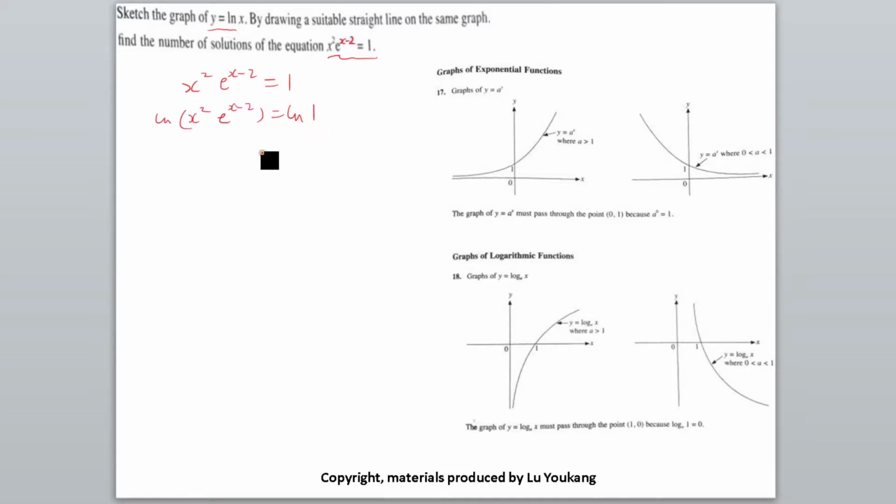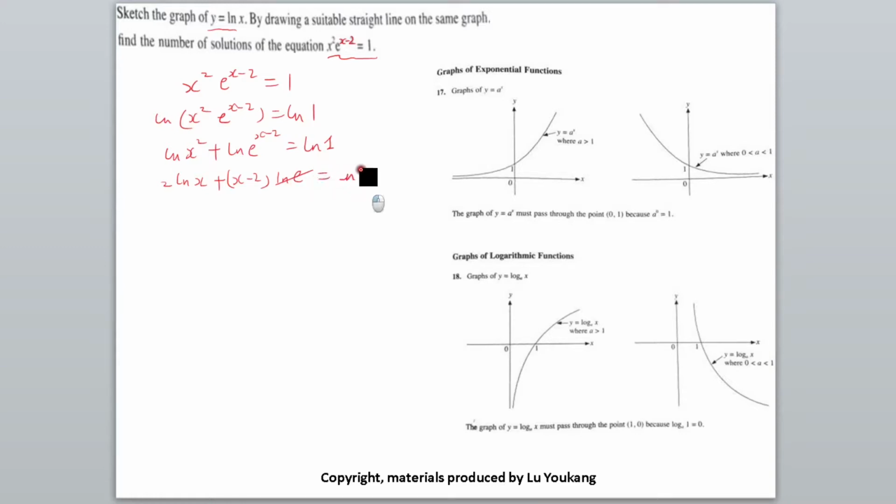So when you ln both sides, you have to add a bracket on the left. So after that, let me open the bracket on the left. And the power I can actually bring down. So ln e is actually equals to 1.